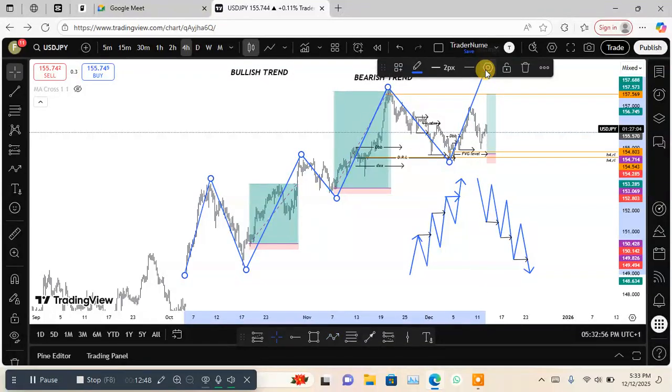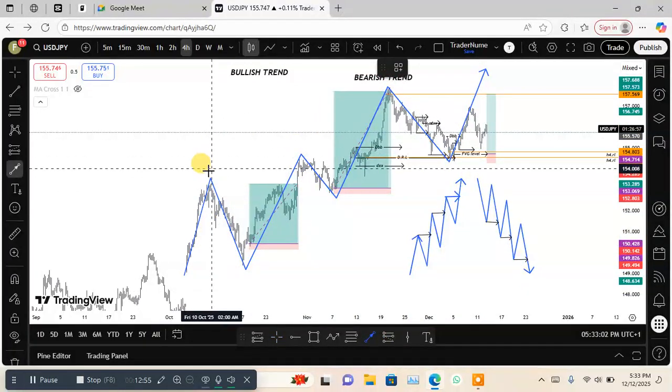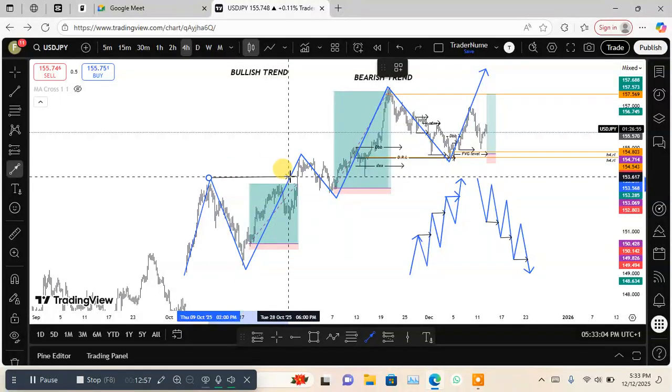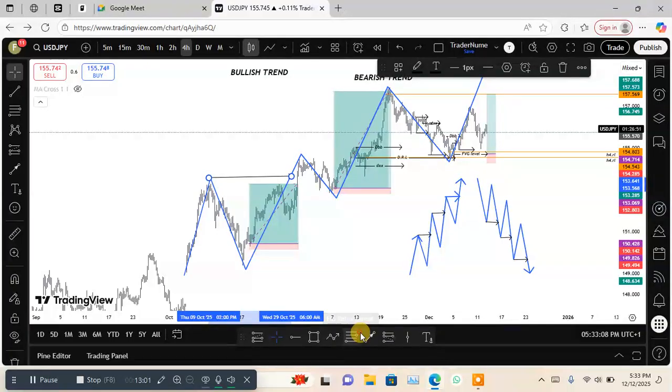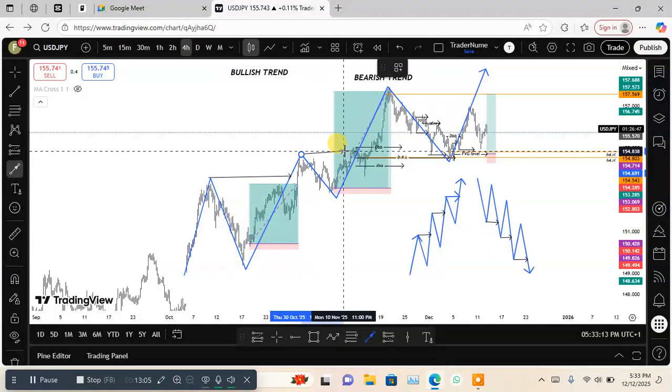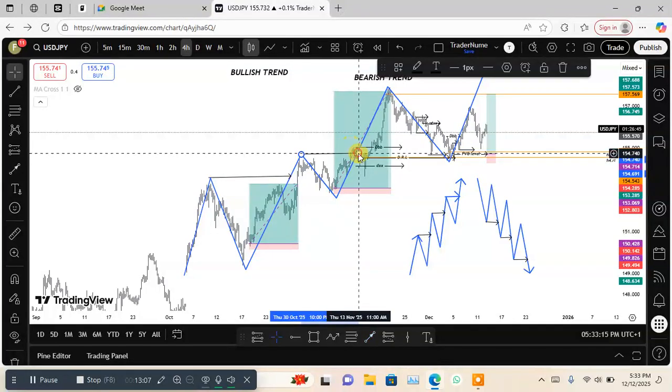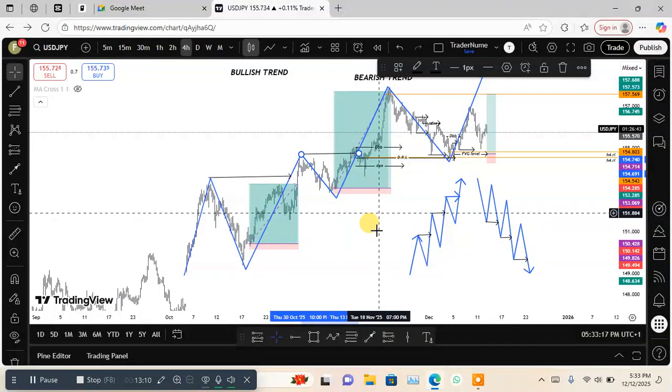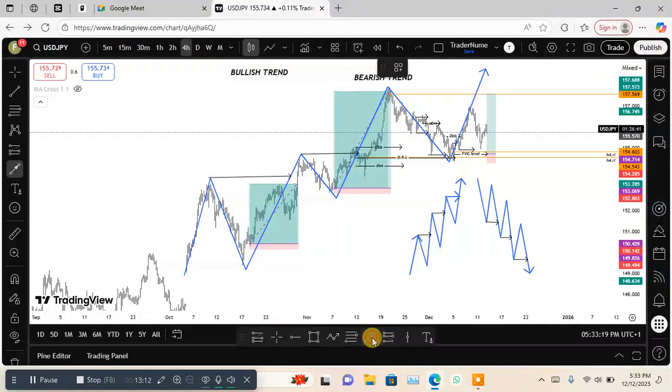Because the trend is bullish, we see consecutive break of structures, just like in the illustration. We see consecutive break of structures indicating a bullish market, telling you that USD JPY, that's USD Japanese yen, is bullish.